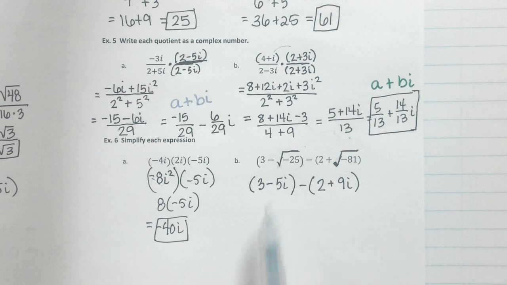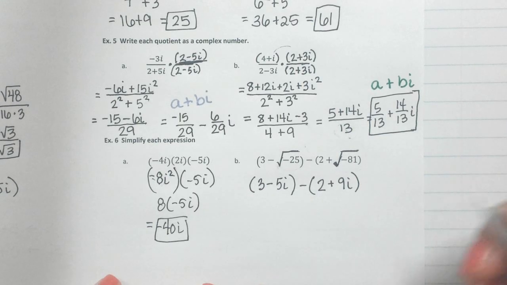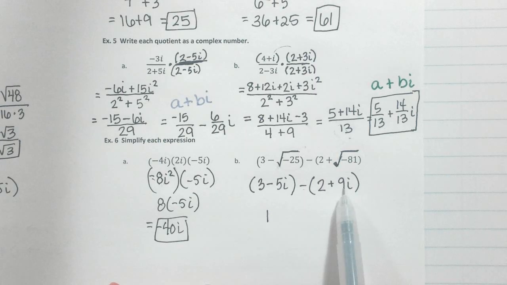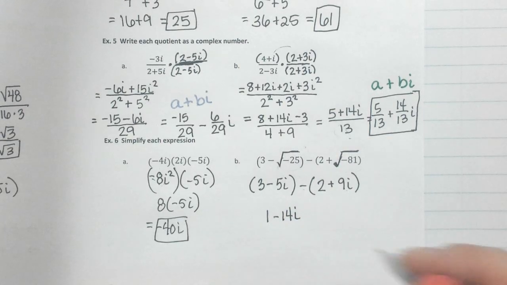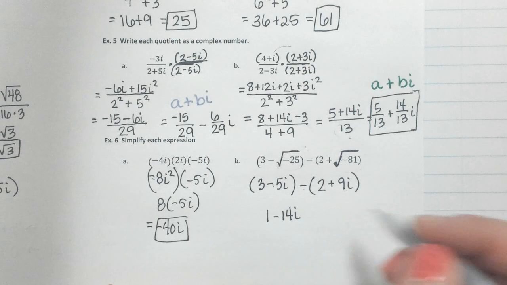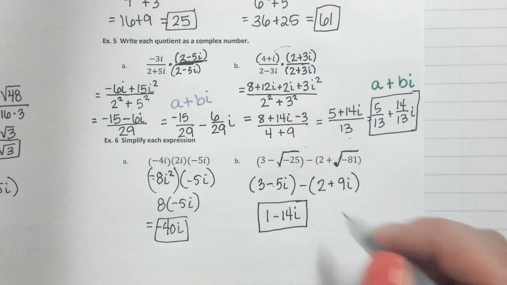And then that's just subtraction, right? So we'd have 3 minus 2, which is 1, negative 5i minus 9i, negative 14i. Negative 5 minus 9 is negative 14, right? Yeah. Okay. There we go.